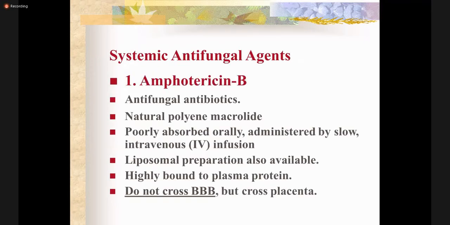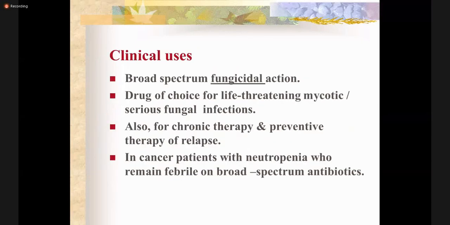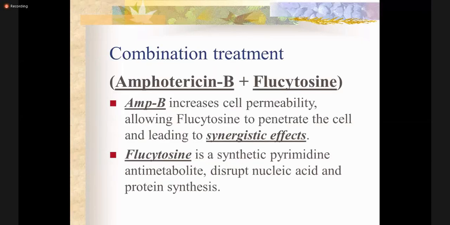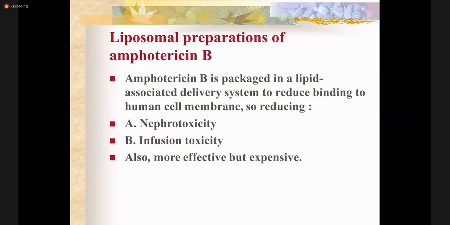Today we discussed Amphotericin B, the prototype drug. Then we discussed its combination with flucytosine, a synergistic effect. Then we discussed that it is present in liposomal form, which reduces its toxicity. Nephrotoxicity is more evident with Amphotericin B, so this preparation reduces these nephrotoxic effects.